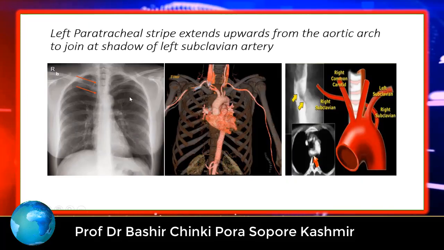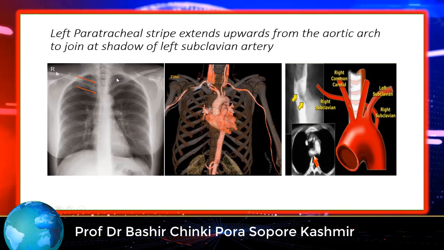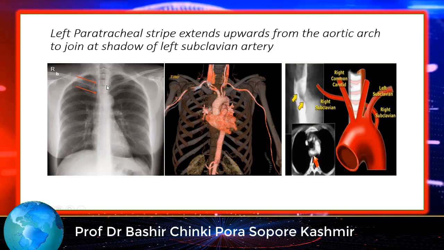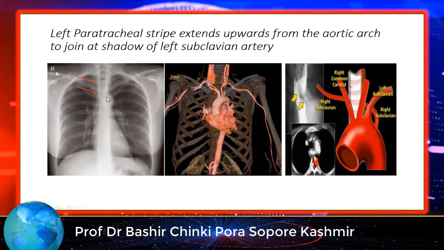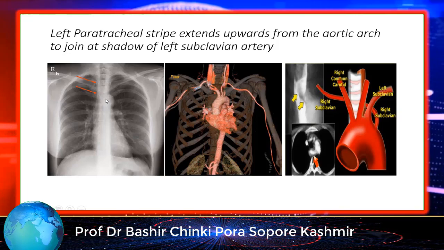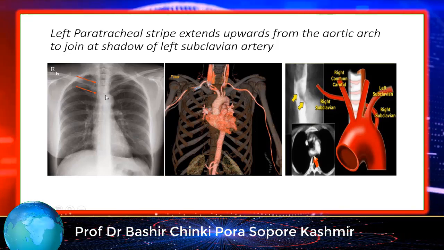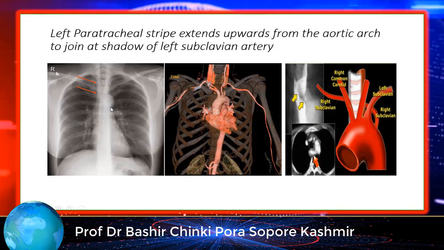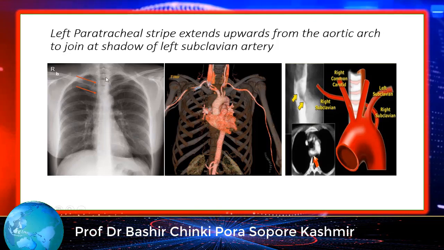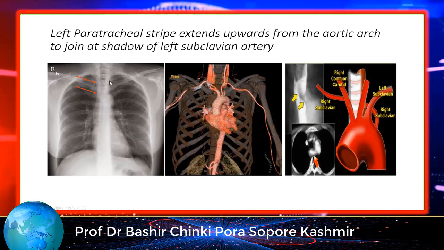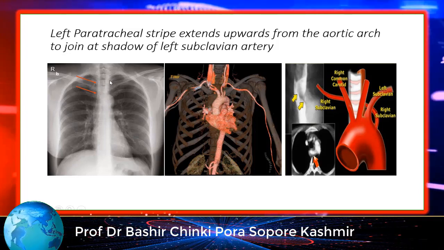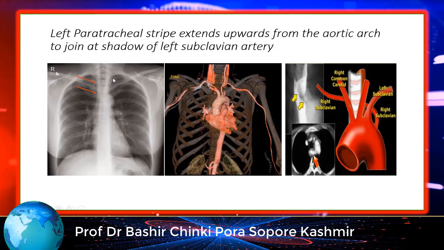We also know that the left paratracheal strip, so this portion is the left paratracheal strip, extends upwards from the aortic arch. So it is the aortic arch here, and it extends upwards from the aortic arch to join the shadow of the left subclavian artery. So here will be the left subclavian artery, this portion.